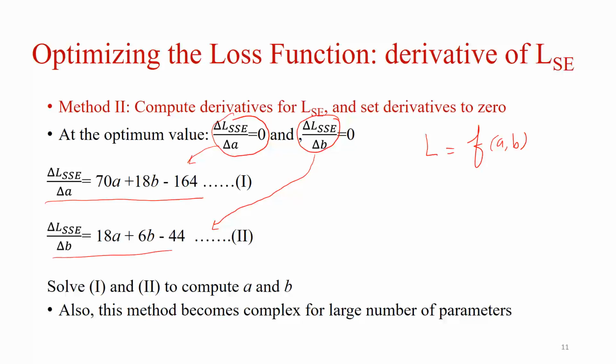We have two variables, A and B, and two equations, so I can solve for A and B. Again, the same issue applies with this method as with the plotting method: you can really use this only for a small number of parameters. But once you start having hundreds and thousands of parameters, clearly this is not the perfect method for the optimization problem at hand.